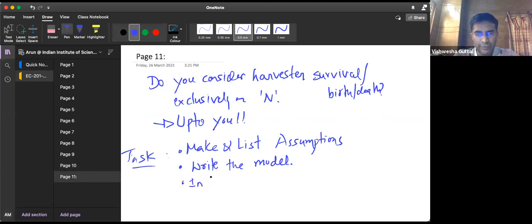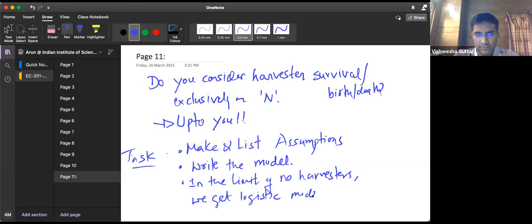So the only condition I want to impose is in the limit of no harvesters, we get the logistic model for N. Is that fine, people? Can I close this sharing?